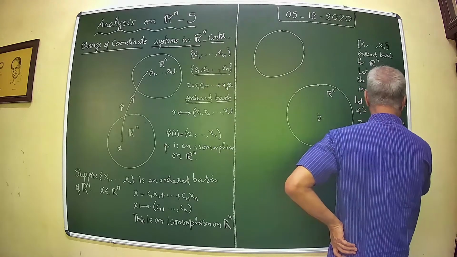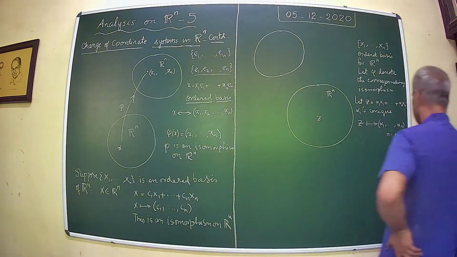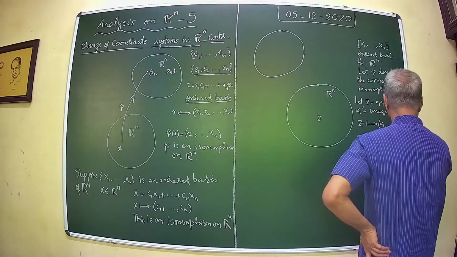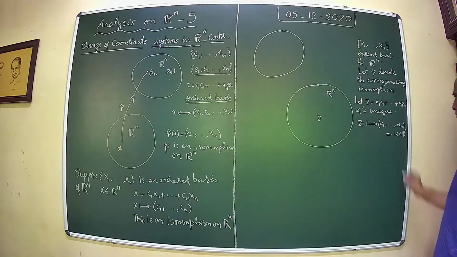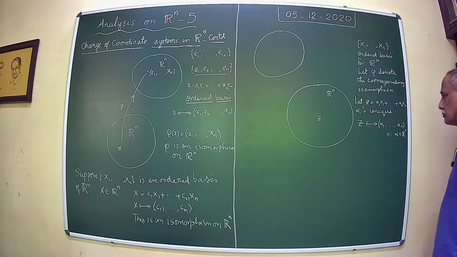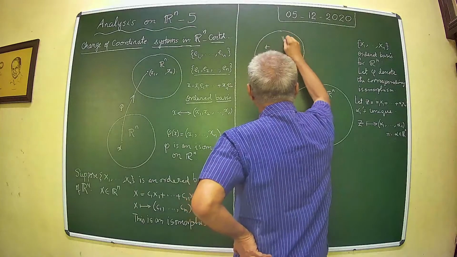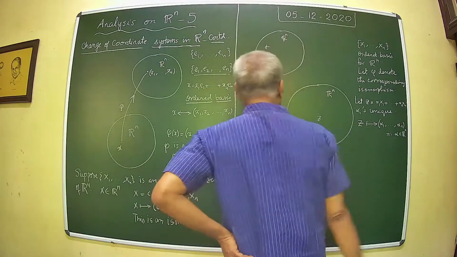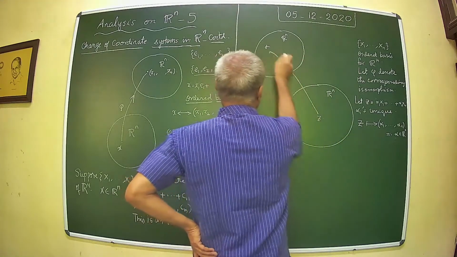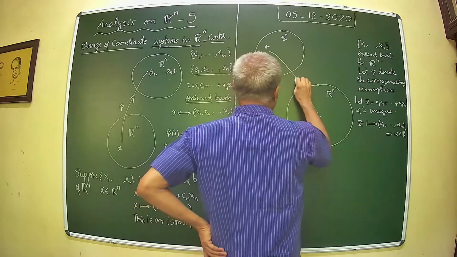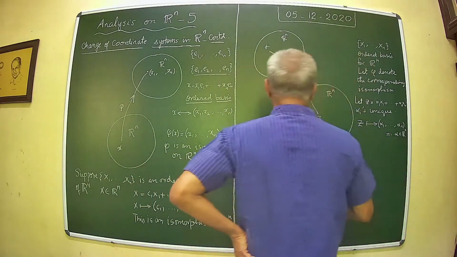Let me denote this by alpha. So alpha belongs to R^n. This is a copy of R^n. So what I have is z is mapped to alpha by phi, and phi is determined by the basis.